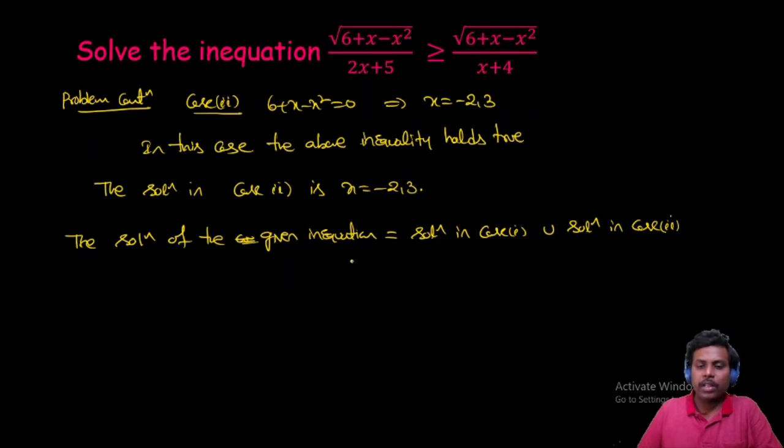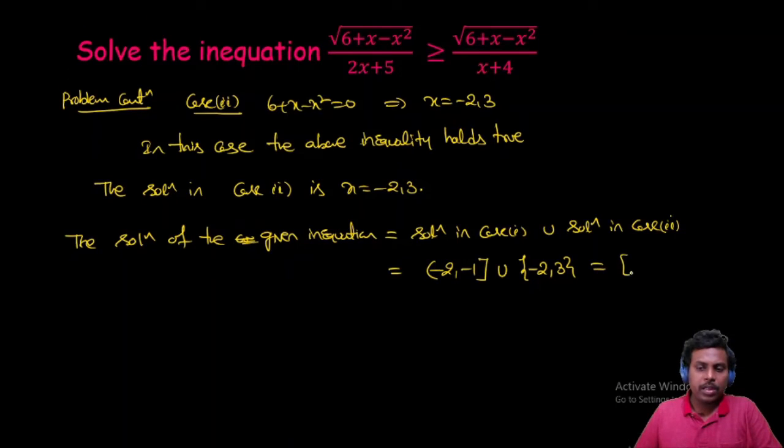Okay, even in the last problem also we have solved the inequality by cases. Solution in case 1 is what? Minus 2 to minus 1, open at minus 2, closed at minus 1, union, this is the set, minus 2 and 3.